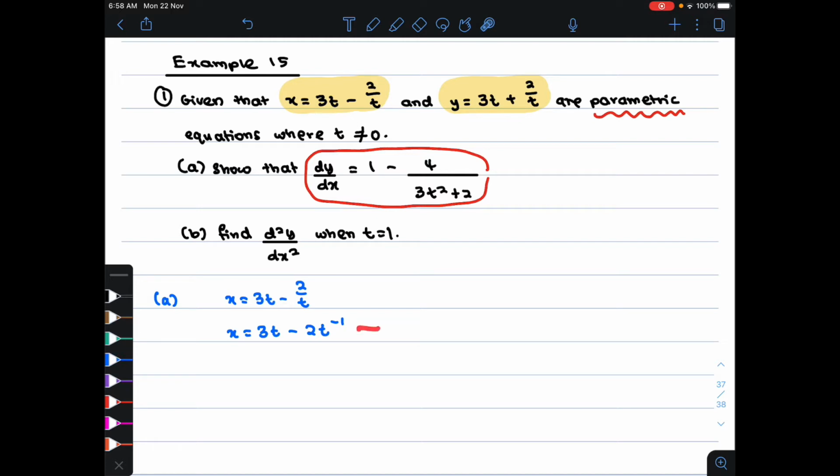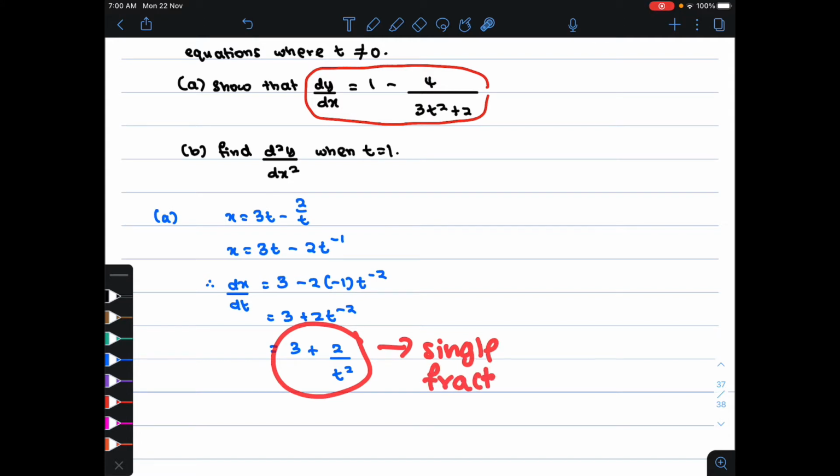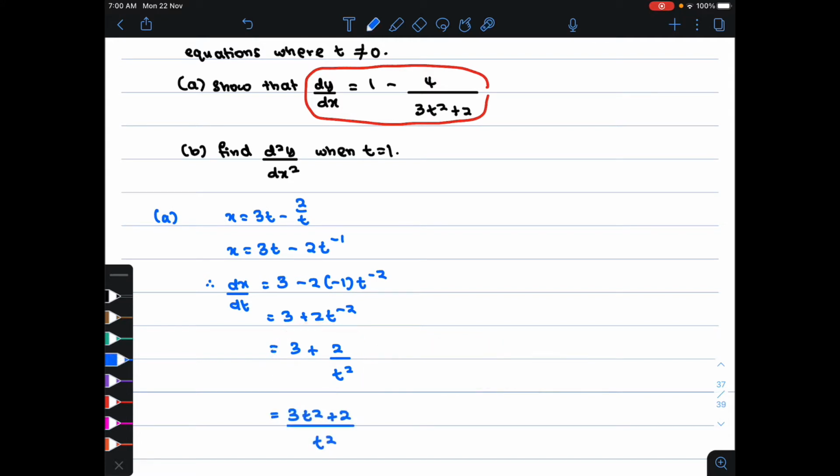So now we can differentiate this function. And you need to write this as a single fraction. So that is dx/dt.